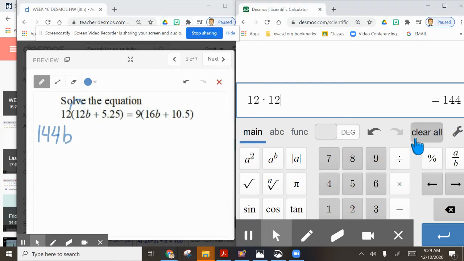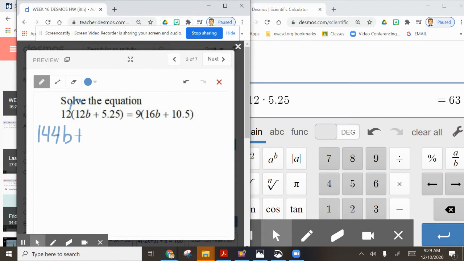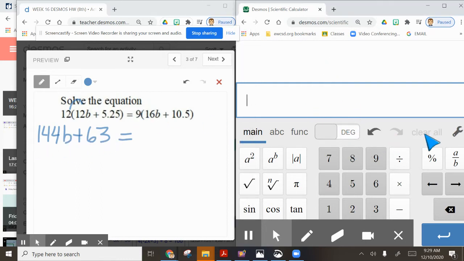What about the second jump? 12 times 5.25. Just use your calculator. If you do that math, you get 63. Okay. So then it's going to be plus 63. So those are the first two jumps. 144b plus 63.